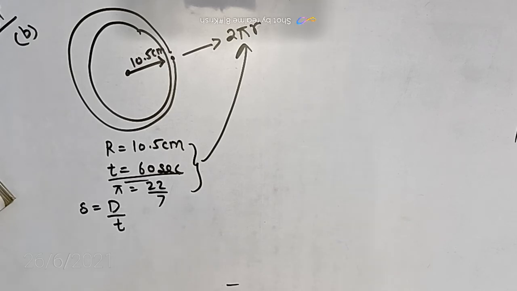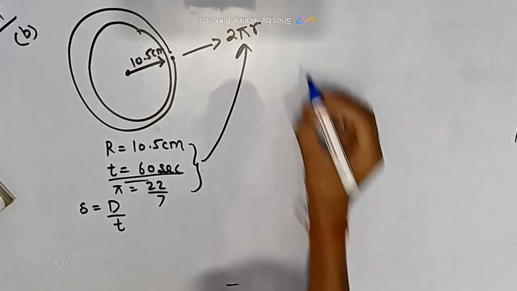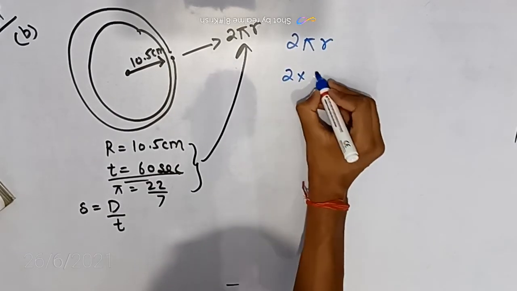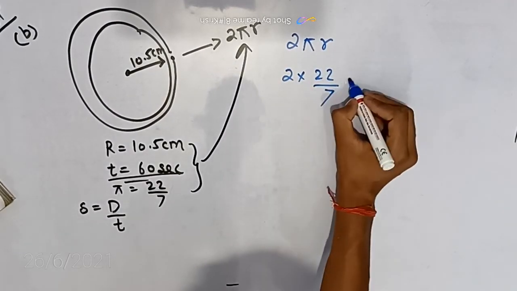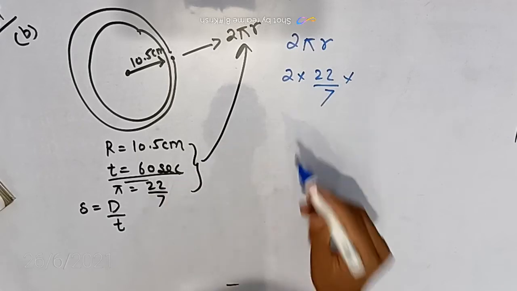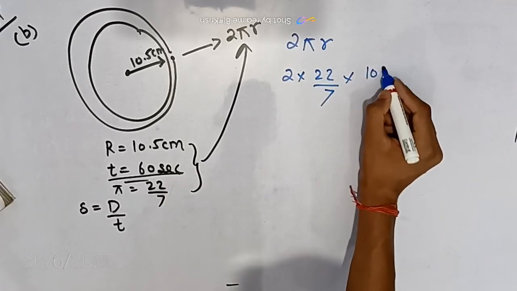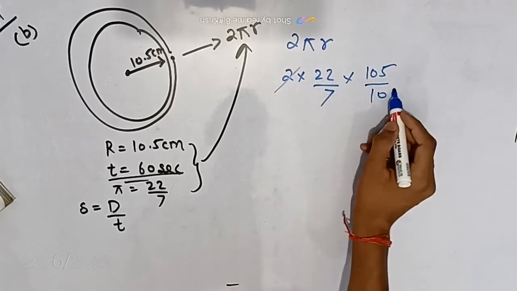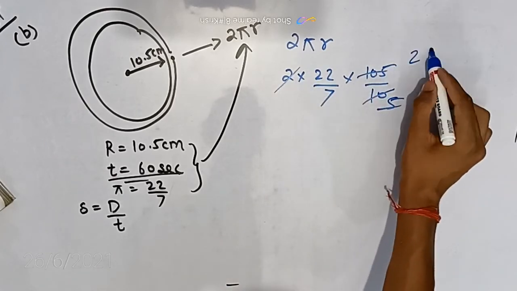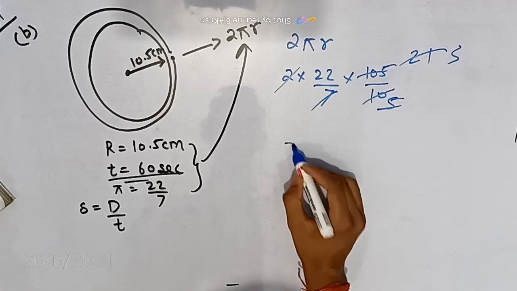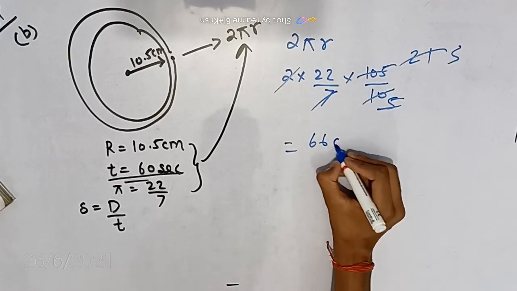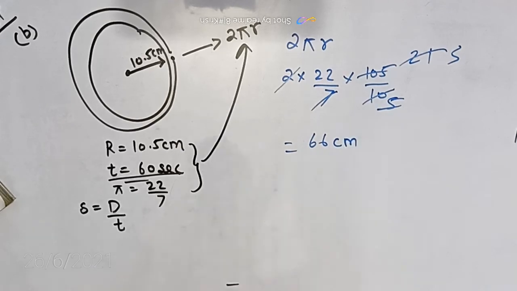So the formula is 2 pi r, 2 into 22 by 7 into r, given as 10.5, or we can write 105 upon 10. 2 5s are 10, 5 2s are 10, 7 3s are 21, and we will get 66. So the distance is 66 centimeter.